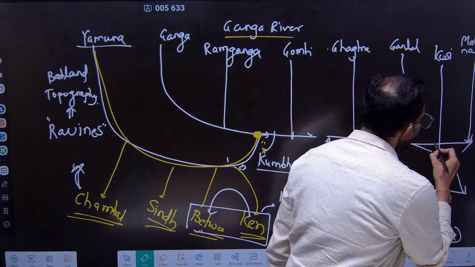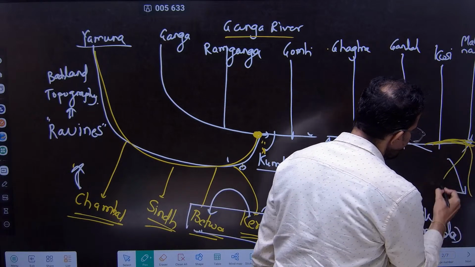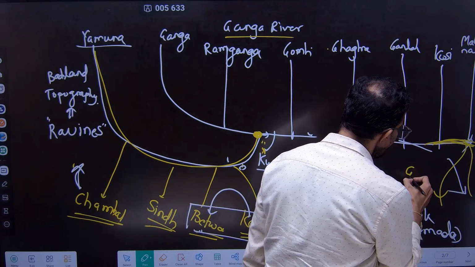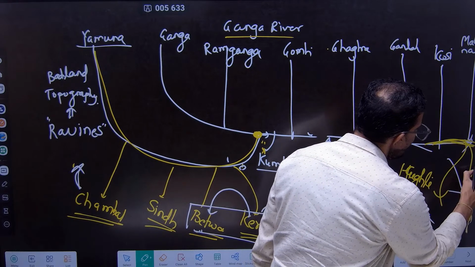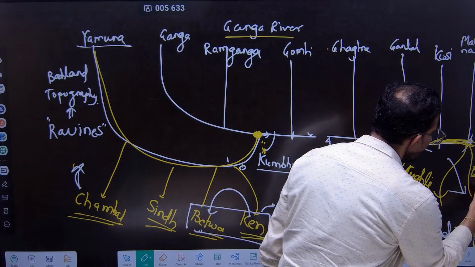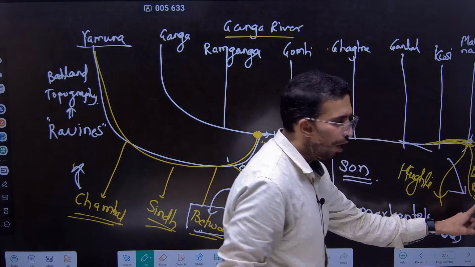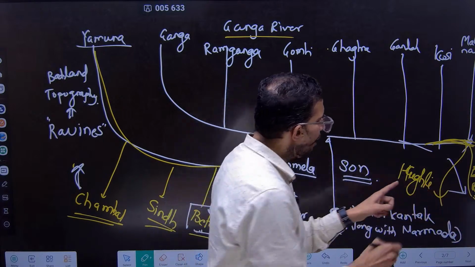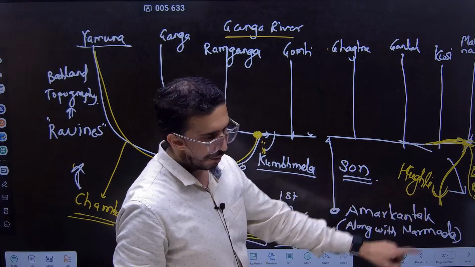At the lower end, the Ganga river bifurcates. One is known as the Hugli river, and the next one is the Padma river. Padma river joins the Brahmaputra river, and the Hugli river flows in the Kolkata region.